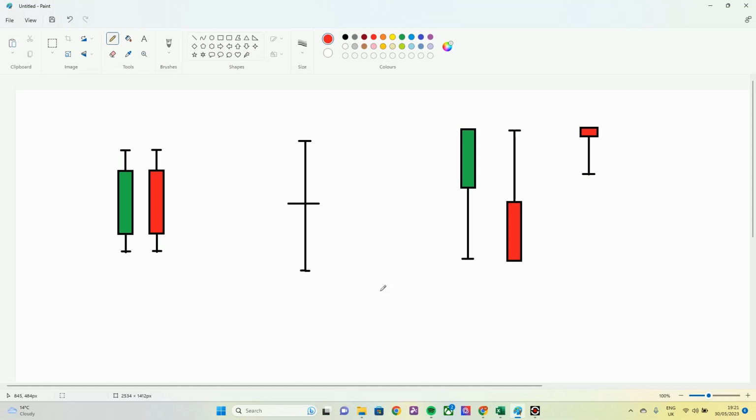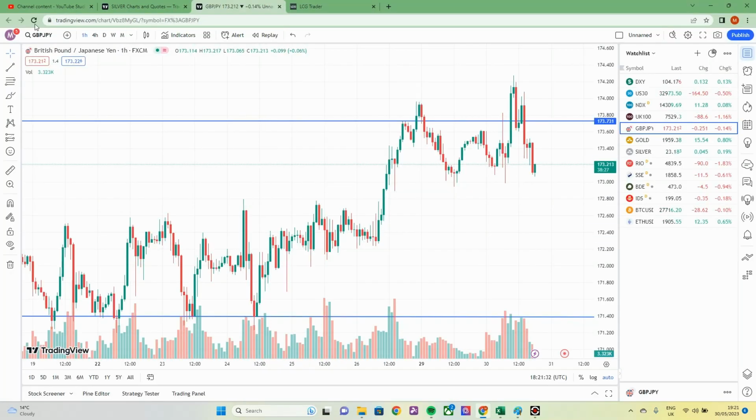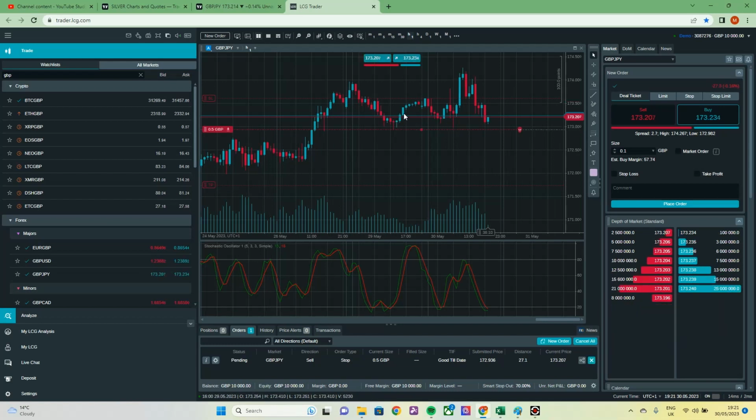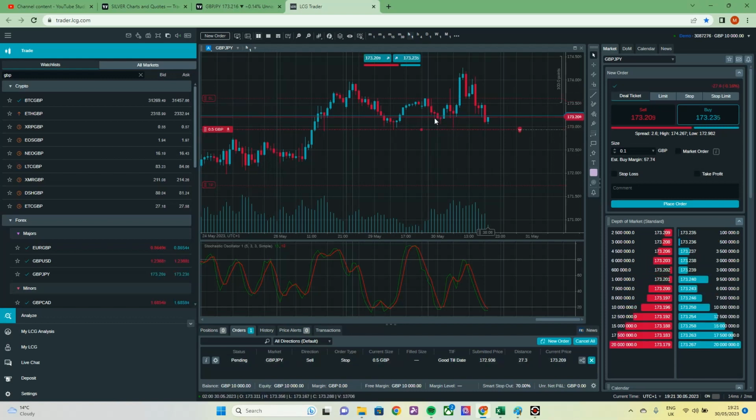So for example, on TradingView you can go into the settings and change the color of it, and it'll have a black background, and the actual candlesticks will be different colors. I can't remember what they are. For example, on an LCG trader, blue candlesticks and red candlesticks. Again, blue is positive, red is negative.